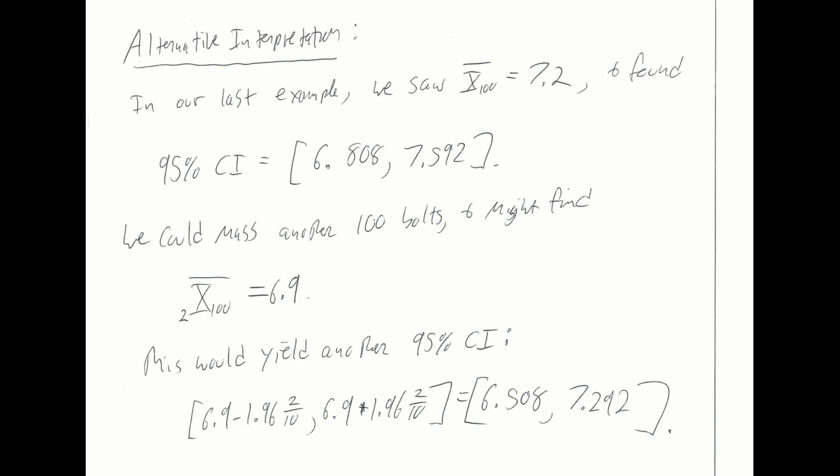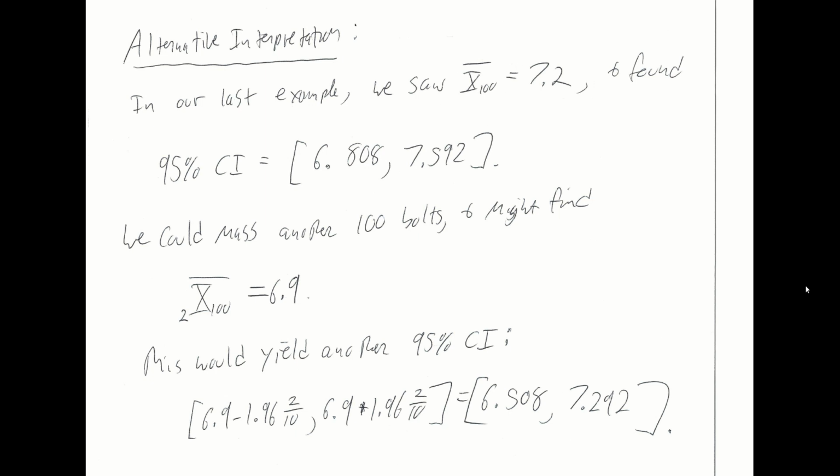The sample mean, this x sub 100 bar, is a random variable. It depends on the observations that you make. My first box of 100 bolts had an average mass of 7.2 grams. If I buy another box with 100 entirely different bolts, I might see that the average mass turns out to be 6.9 grams.